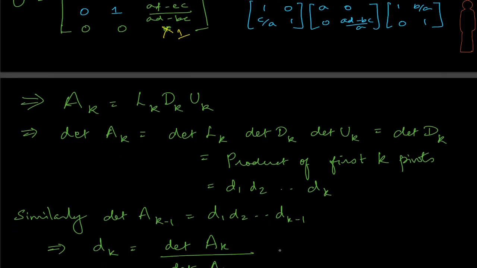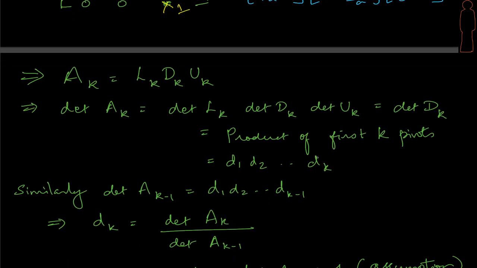That gives me this formula that says if I have to find the kth pivot, all that I need to do is to take the determinant of the upper left k matrix from A and divide that by the upper left k minus 1 matrix. Right? So this would cancel out everything, leaving Dk alone. That's the kth pivot. We got it. So that's the formula for finding pivots.